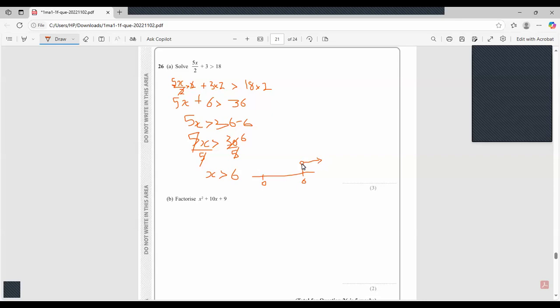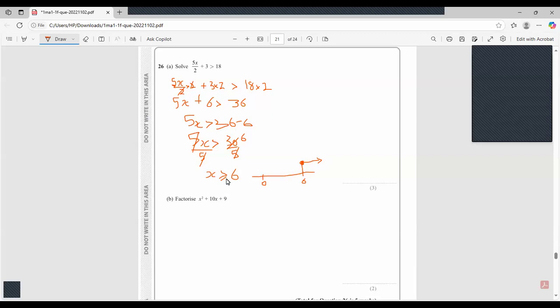Now, can you see I did not shade this circle? I didn't color it. Why? Because the answer didn't include anything like equals to, greater than or equals to. Had it included equals to, I would have had to color it. Now, coloring that circle means 6 is included. That's what greater than or equals to means.